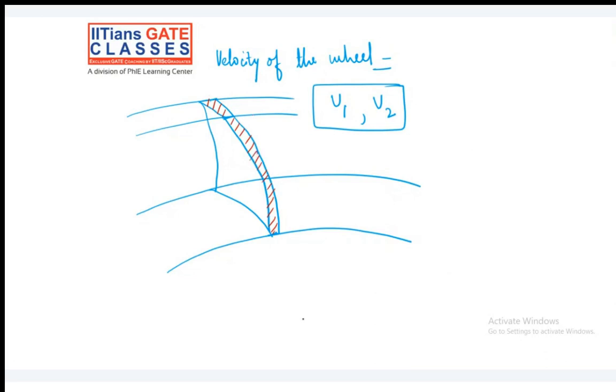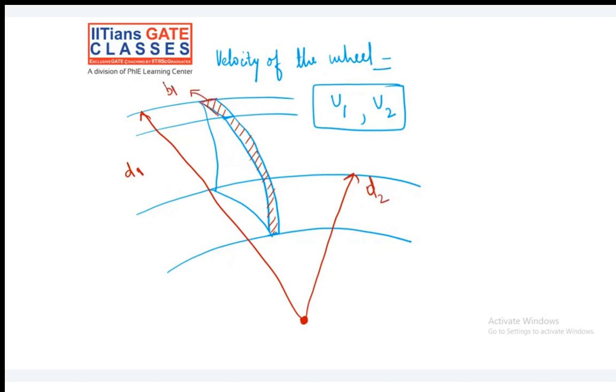So if this was the runner, the center of the runner, then this is the diameter d1, and this is the diameter d2, and with respect to d1 and d2 we have u1 and u2. Similarly, at the entry we have some width that is called b1, the width of the blade.